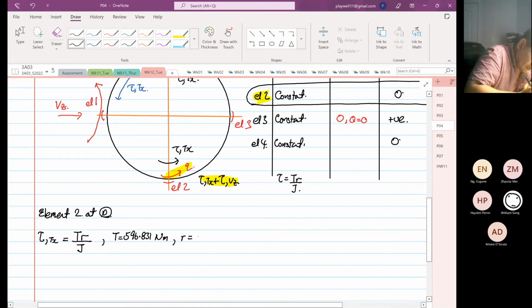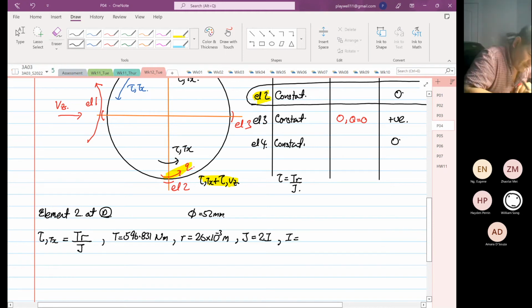Radius is equal to 26 times 10 to the power minus 3 meters, because we are going to use the diameter that is equal to 52 millimeters, right? So J is equal to twice of I. I is equal to pi over 4 R to the power 4.